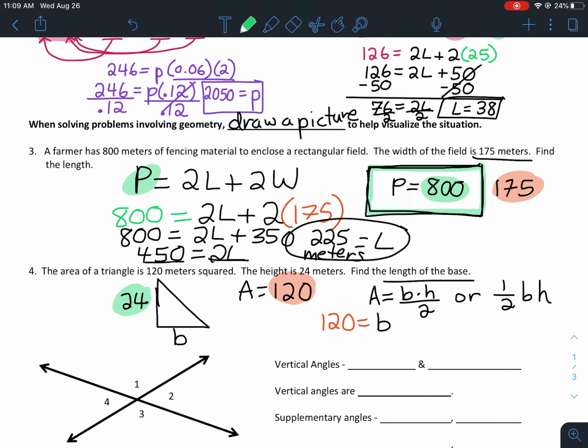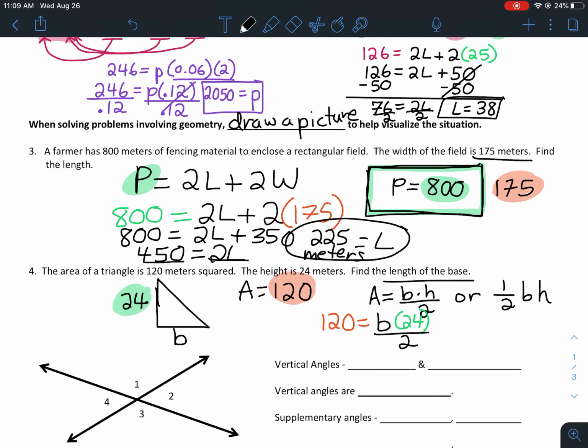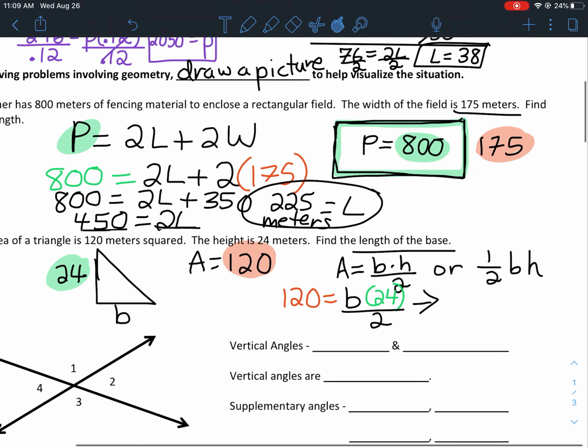So I'm going to substitute that in. And that's divided by 2. I'm running out of room here, so I'm going to simplify it a little bit to the right here. So I actually have this 24 divided by 2. There's a couple ways you can do this. You can either multiply both sides by 2, or you can just divide 24 by 2, and that's what I'm going to do here. Divide these.